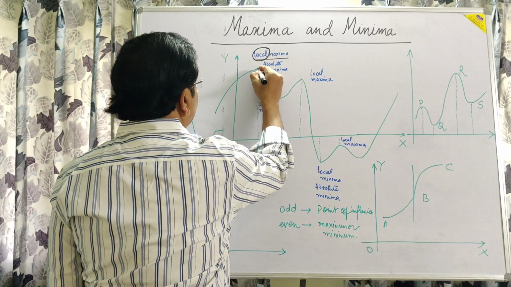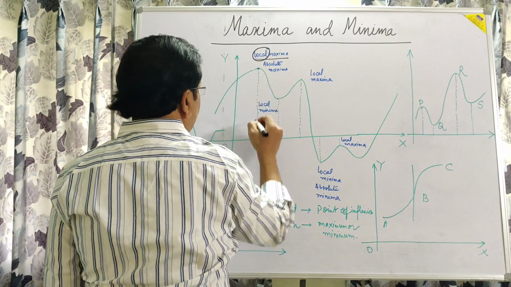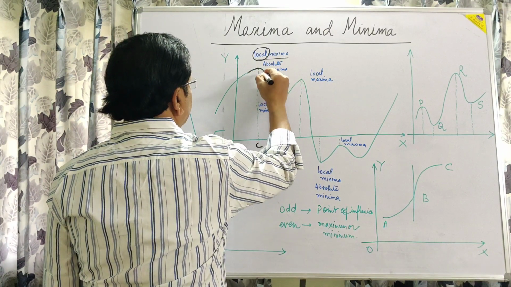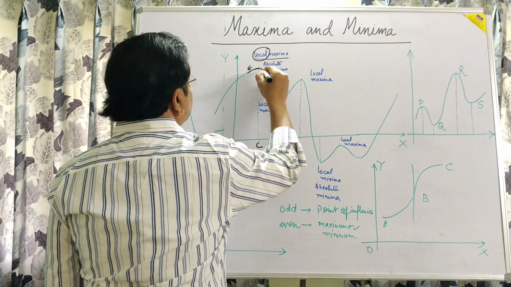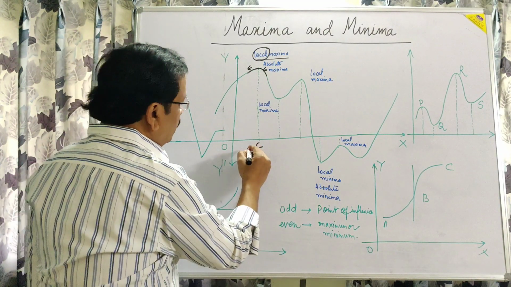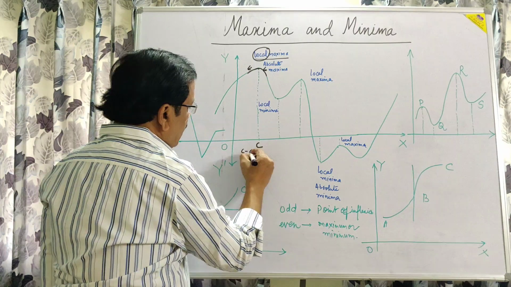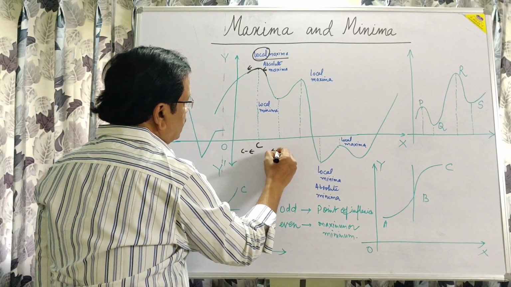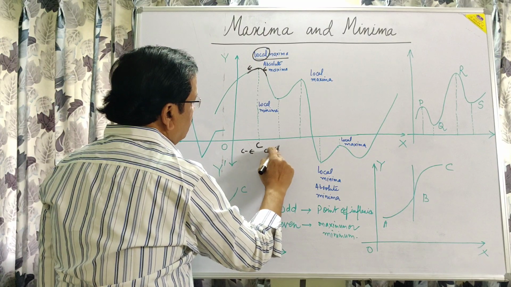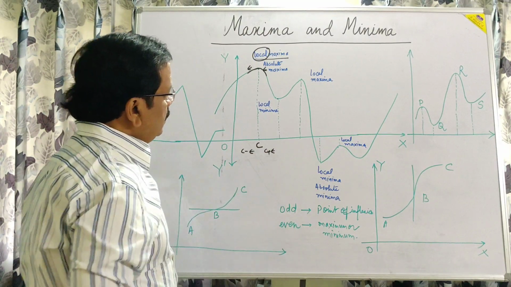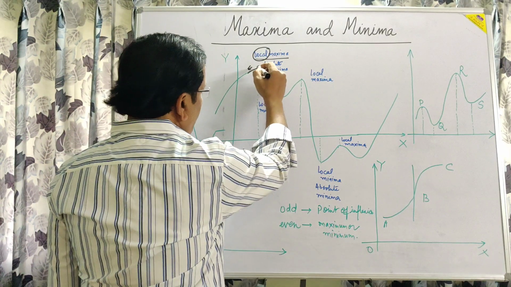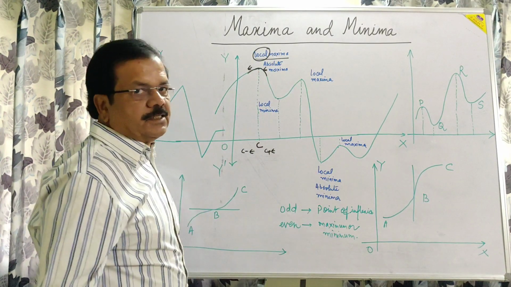Say this is the point C, and epsilon is a small positive number, and then in this neighborhood, that is C minus epsilon and C plus epsilon, in C minus epsilon this is increasing, and in C plus epsilon, this is decreasing.